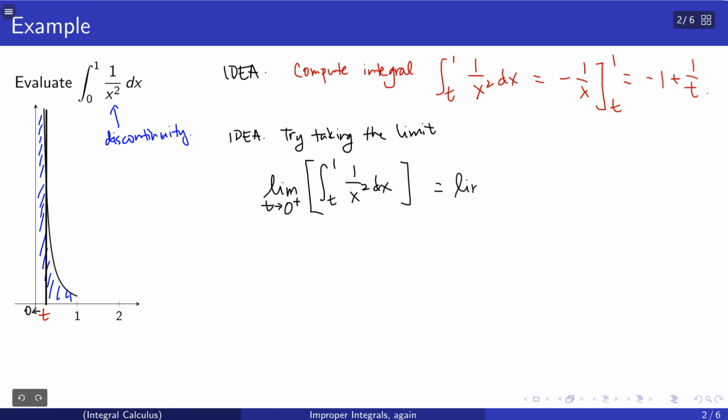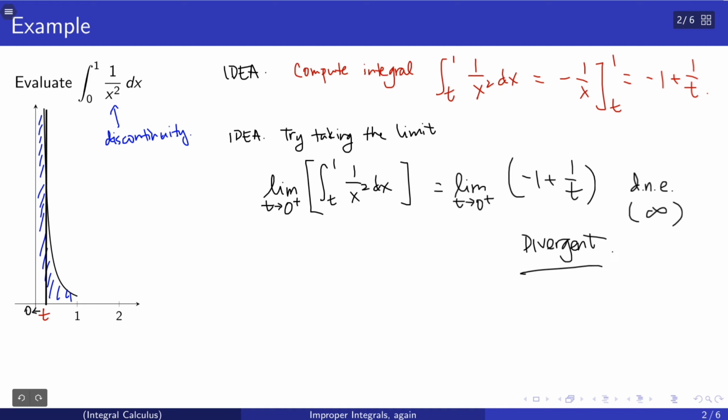Well, we can see from our calculations here that this is minus 1 plus 1 over t, and this actually doesn't exist, it's equal to infinity. And so using terms from the type 1 integral, we could also say this is divergent, because it doesn't evaluate to a finite number.